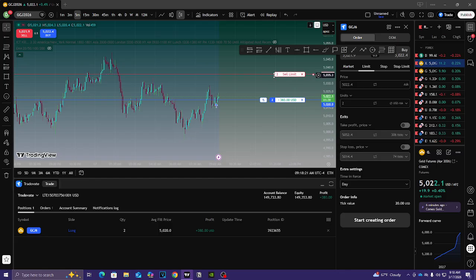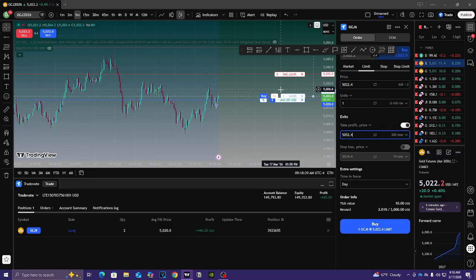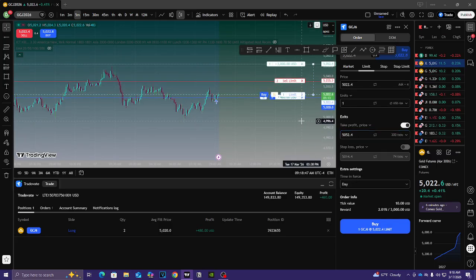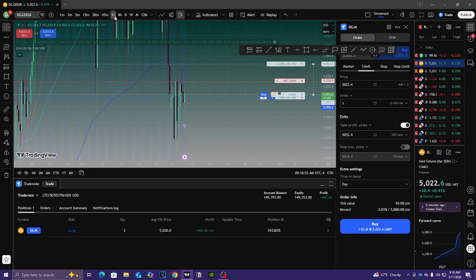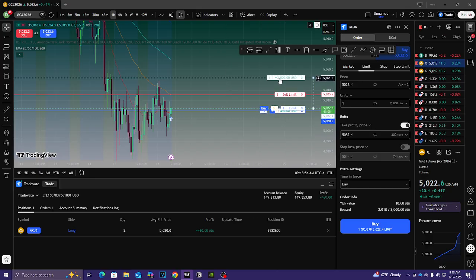I'm gonna close out one trade right here. I might put another one in just on one contract. Just holding. Yeah, holding to these highs right here.